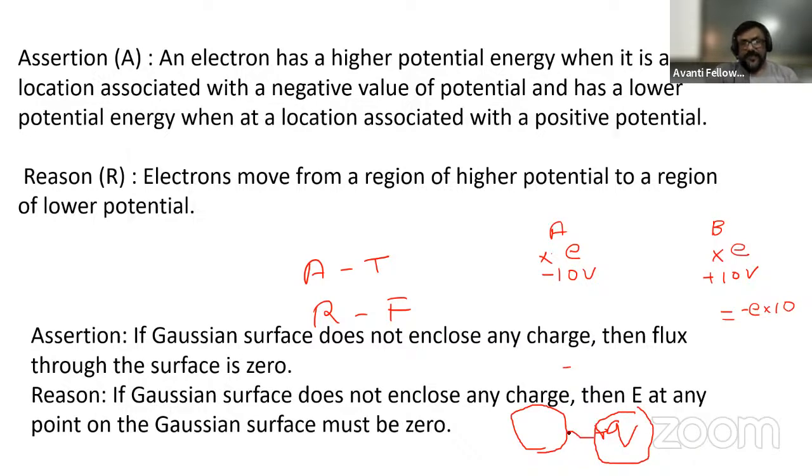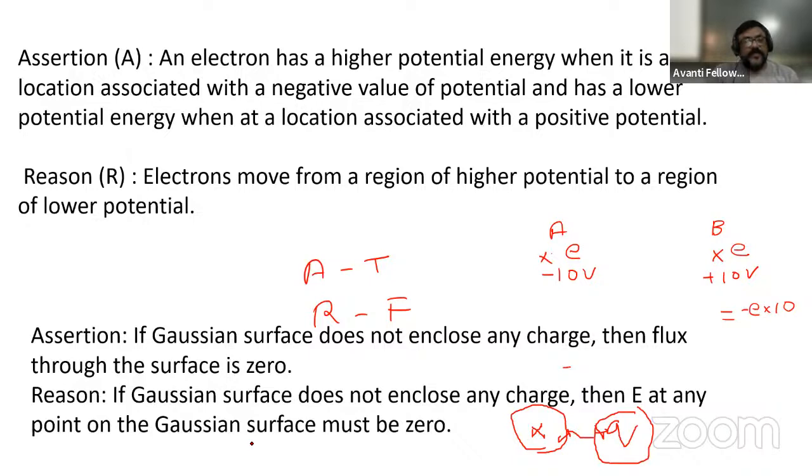Definitely, this positive charge will produce an electric field where this Gaussian surface is located. So if there are some other charges in the vicinity, on the surface we can have an electric field. It is not compulsory that if there is no charge inside, the electric field must be zero.